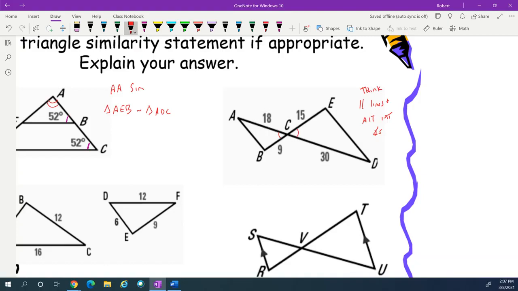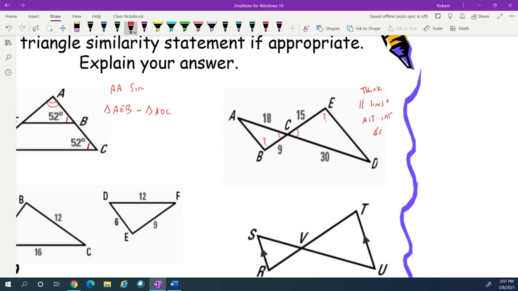So I'm going to test, but that means that the 30 corresponds to the 18 because they're alternate. So E and B are alternate interior angles. So that means 9 corresponds to 15.